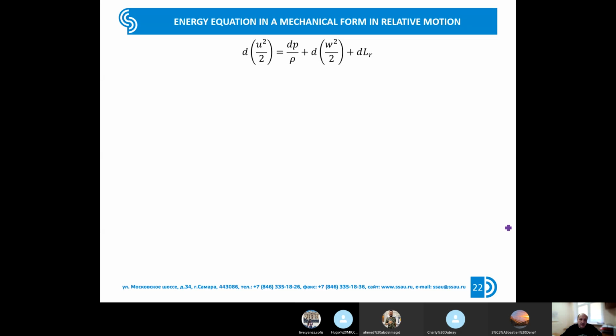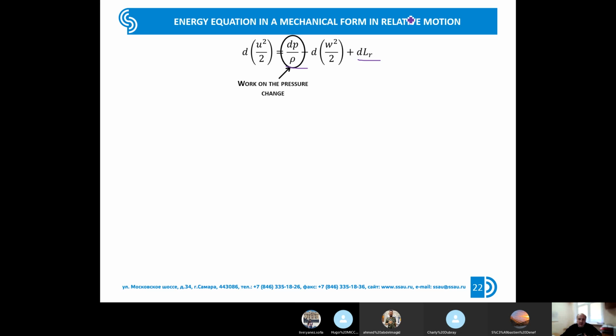Let's try to understand the physical meaning of all terms of this equation. First of all, this part and this part of this equation we already discussed when we spoke about the Bernoulli equation.